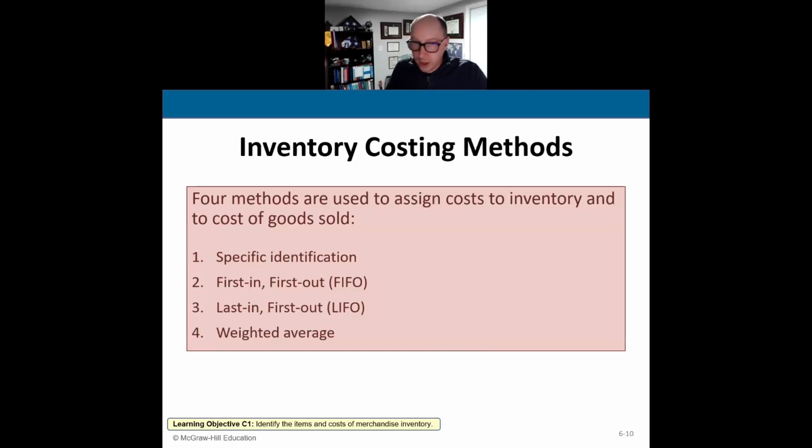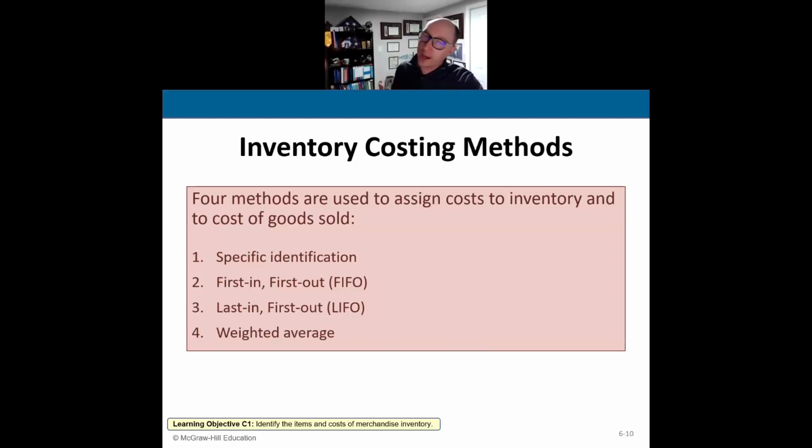The next one is called last in, first out, or LIFO. The reason why a company might use last in, first out is because their goods might not be perishable. They don't care when they sell it.